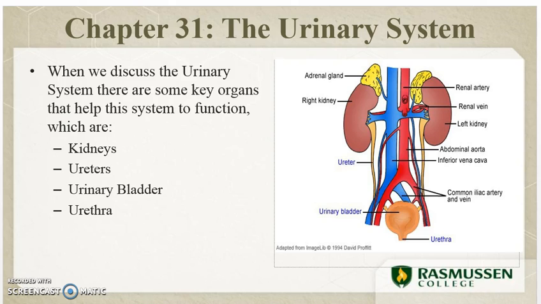Now, it's important that you understand the structures, but you also understand that your system produces urine. The formation of urine can be divided into 3 parts: filtration, reabsorption, and secretion. Urine consists of about 95% water and 5% solid substances.